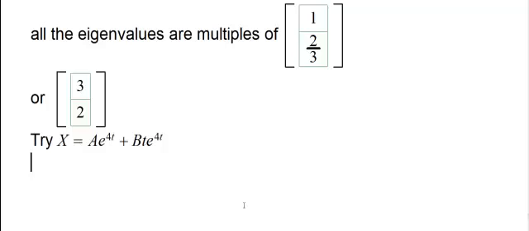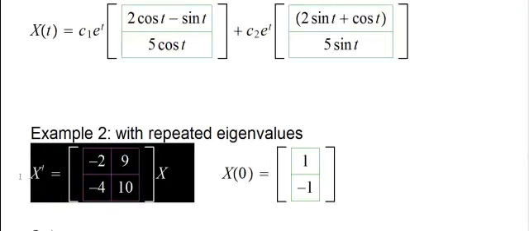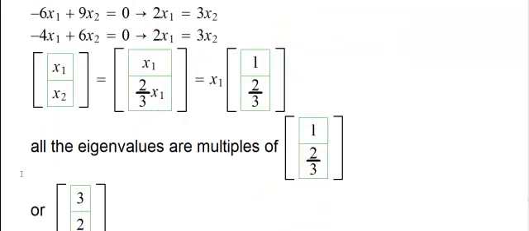So let's just go and try, and of course this coefficient a here is a vector, 2 by 1. Makes sense? If we are going to try this, we have to substitute in this one, right?